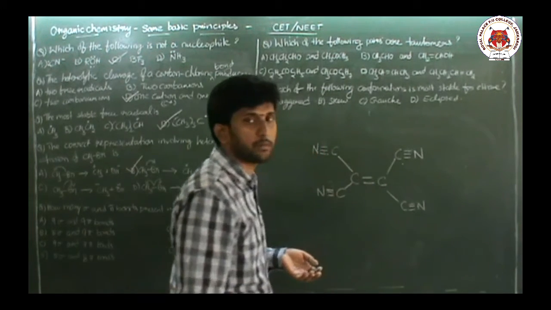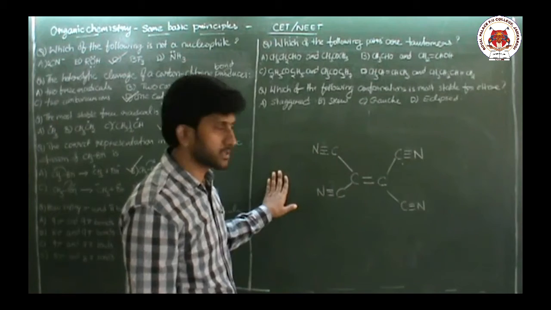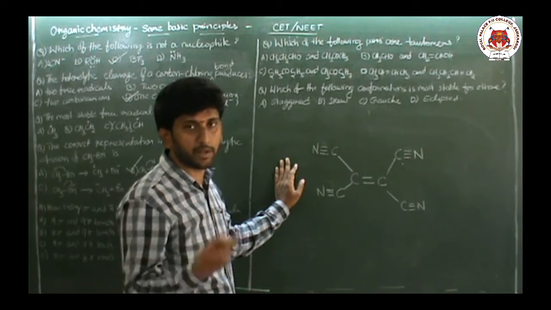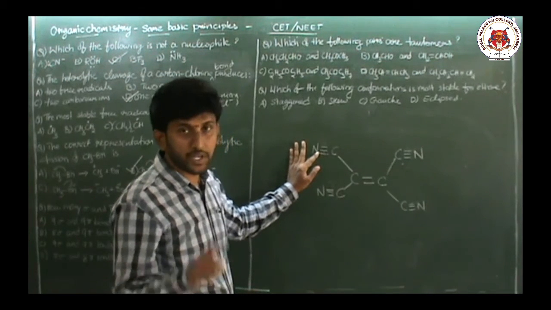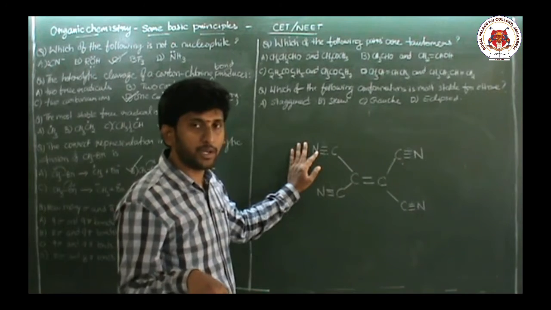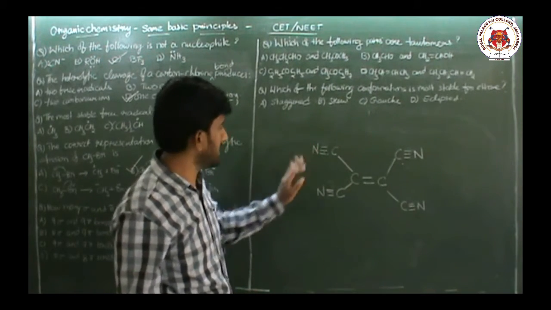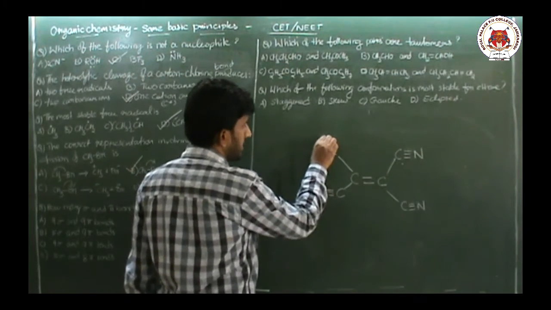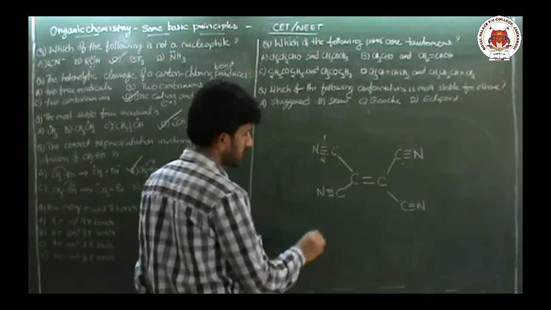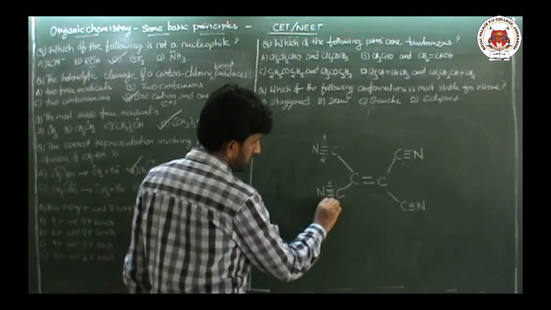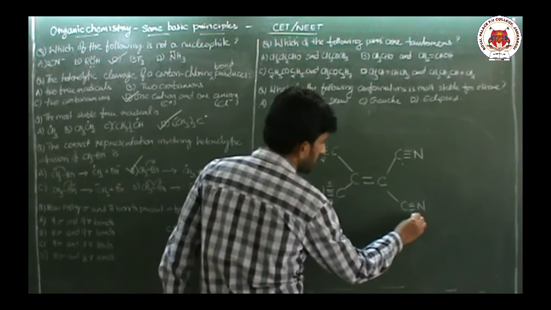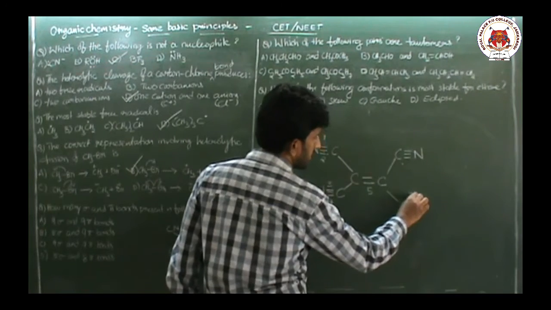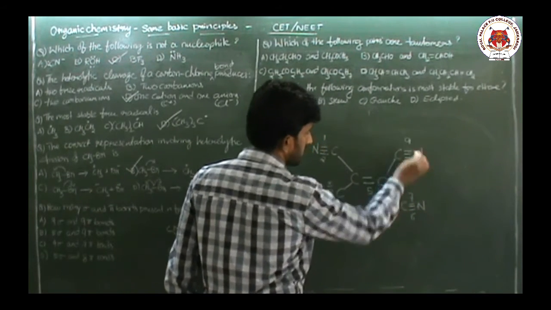Now you count the total number of sigma and pi bonds. You know that in case of a double bond, one sigma bond and one pi bond will be there. In case of a triple bond, one sigma bond and 2 pi bonds will be there. That means if I count the total number of pi bonds: 1, 2, 3, 4, 5, 6, 7, 8, 9.